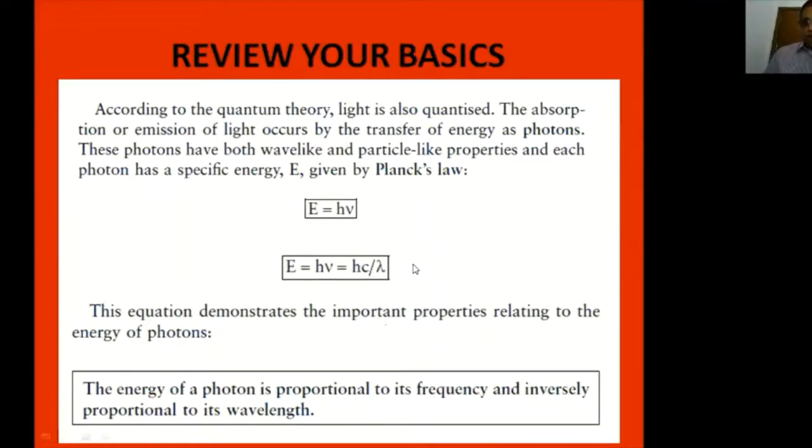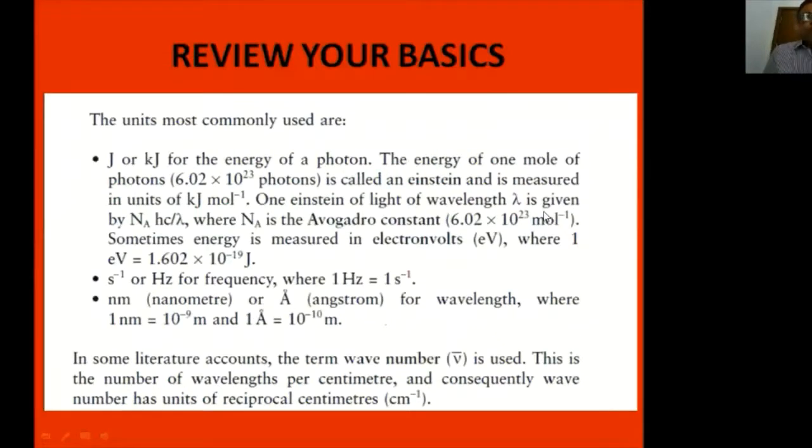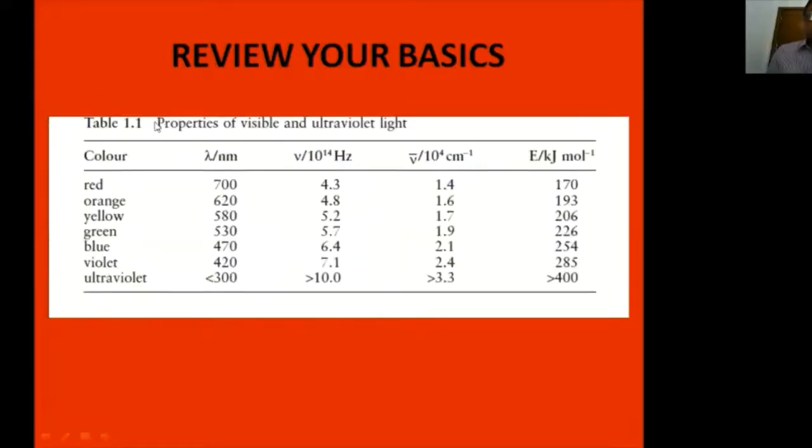This is very important. As you go to a longer wavelength, the energy is lower; shorter wavelength, higher energy. You always get this relationship when you look at Planck's law. Now, the units commonly used for energy are joules, kilojoules. You can also use the electron volt. You can also represent it in terms of frequency, which is in units of hertz.